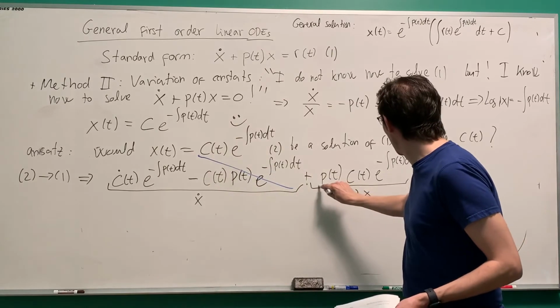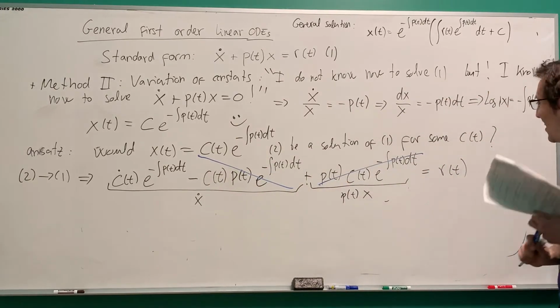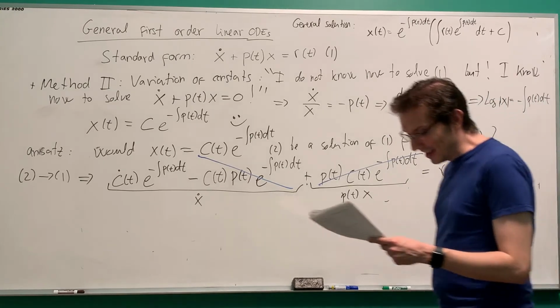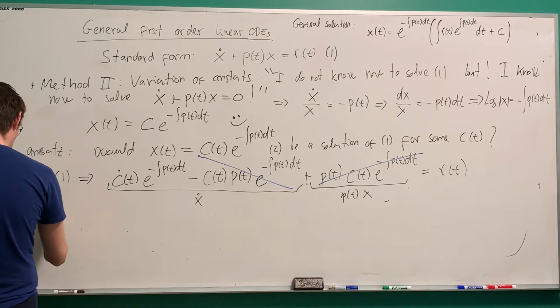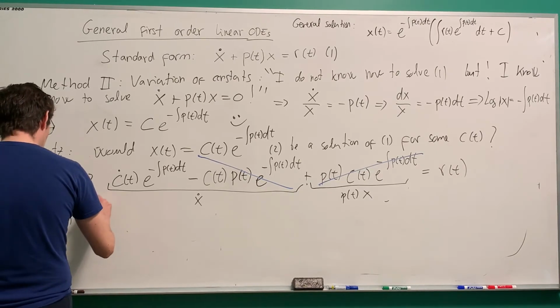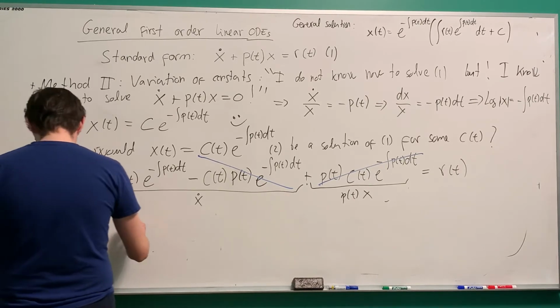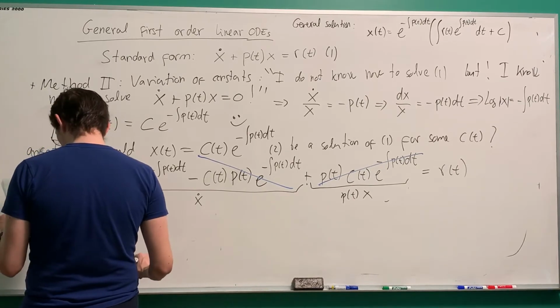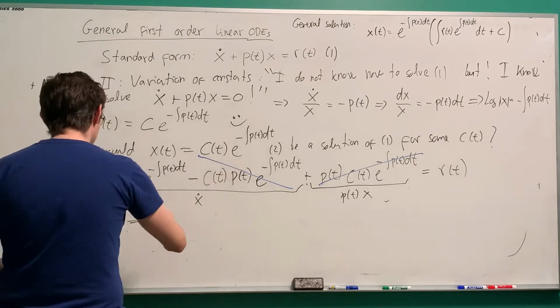So this thing cancels this thing. How cool is that? Well, it's pretty cool, because then the equation gets awfully simplified to the following. C dot of t e to the minus integral of P of t dt is equal to, well, where is it? R of t.